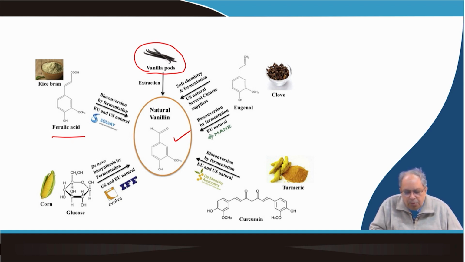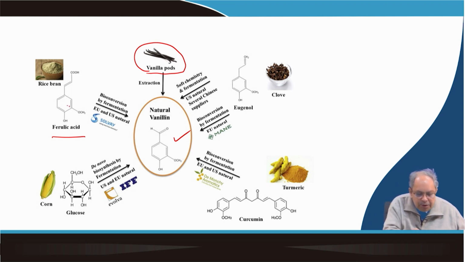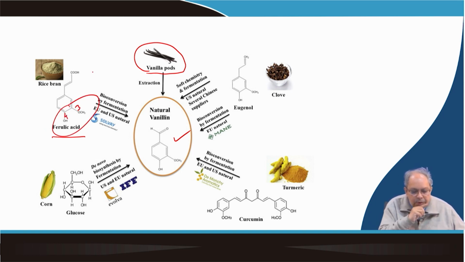That can be converted into vanillin because of its structural similarity, as you see here, 4-hydroxy 3-methoxy, it is the hydroxycinnamic acid, and this part is the same. Just by chain cleavage from C3 it becomes C1, and of course, this was an acid and this is an aldehyde.